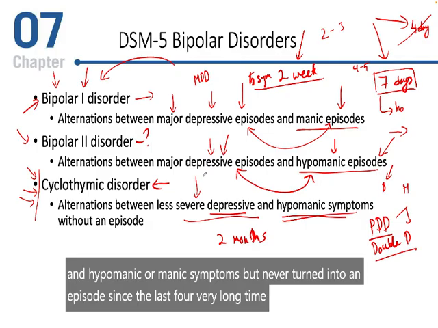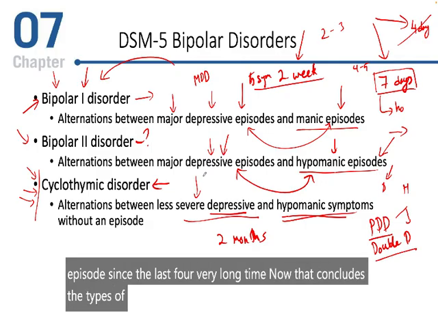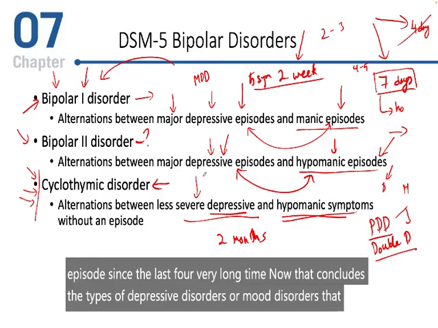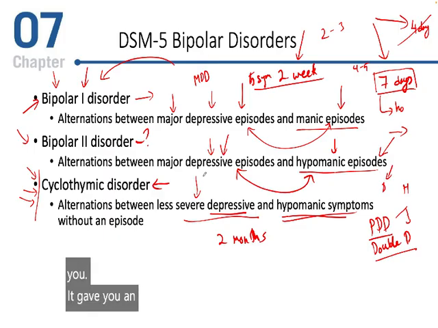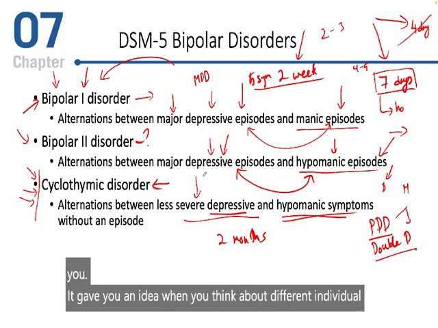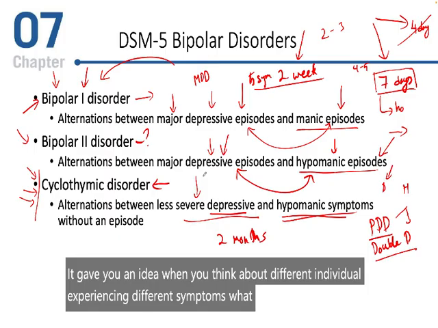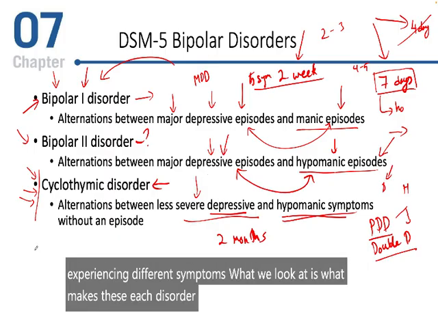Now that concludes the types of depressive disorders or mood disorders that we've been talking about, and I'm assuming it gave you an idea when you think about different individuals experiencing different symptoms. What we look at is what makes each disorder unique from one another.